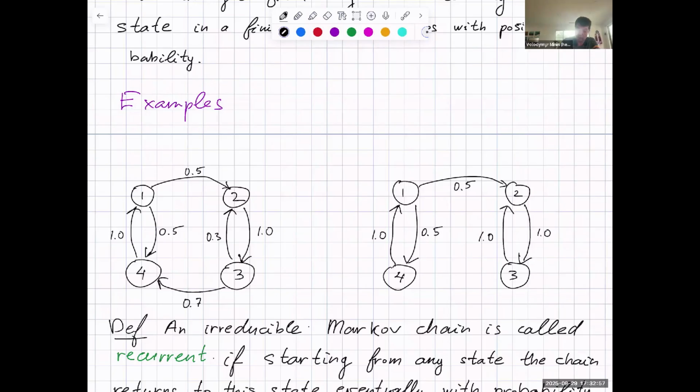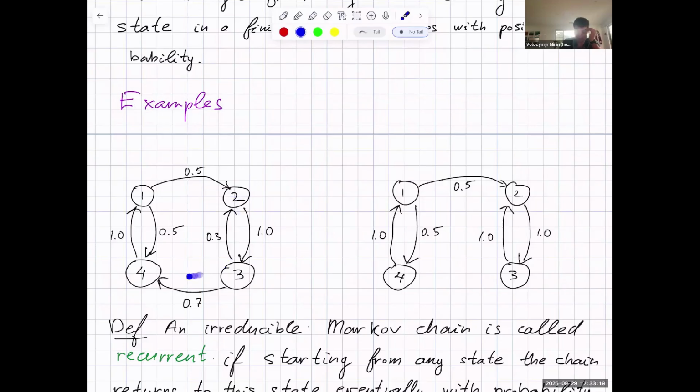So it means that I cannot go from 2 to 1 in one step. But notice I can go from 2 to 1 through 3. First to 3 with probability 1, then with probability 0.7 go to 4, and with probability 1 go to 1.